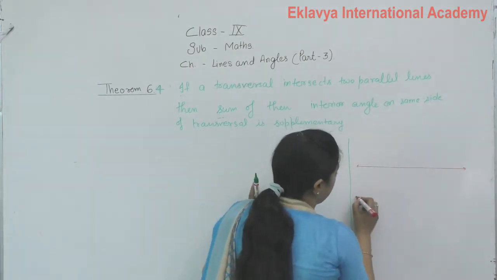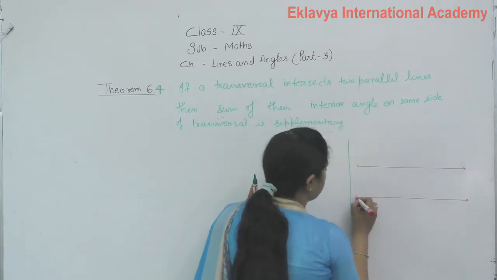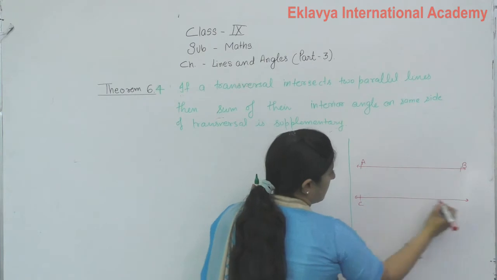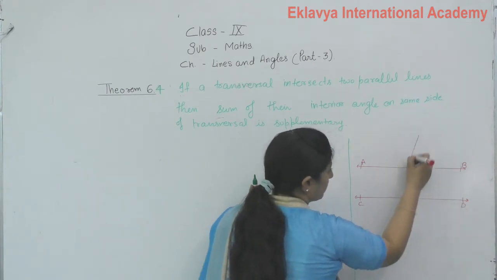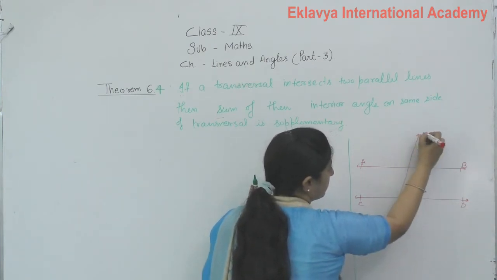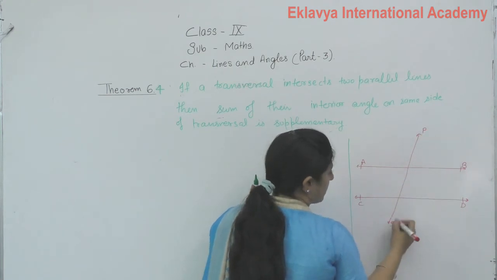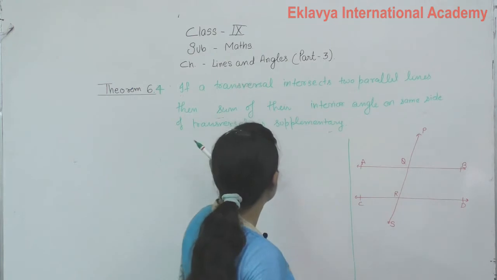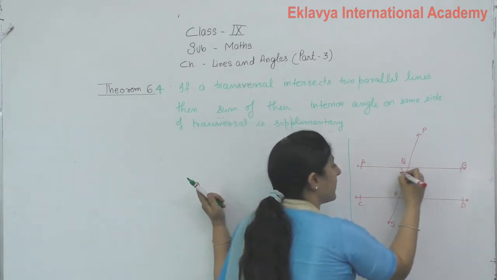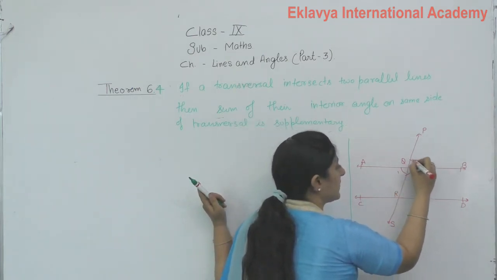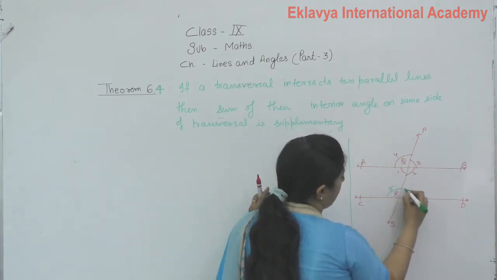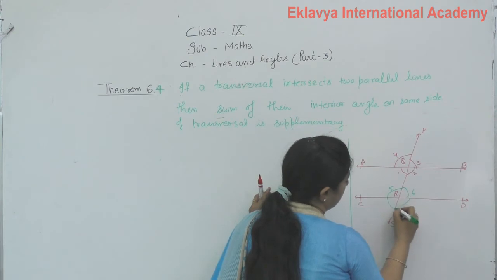Same thing, we take two parallel lines AB, CD, and one transversal PS which intersects at points Q and R. Divide it into 8 angles, 1, 2, 3, 4, 5, 6, 7, 8.